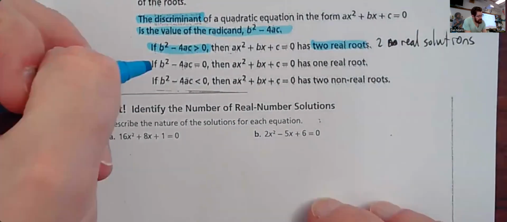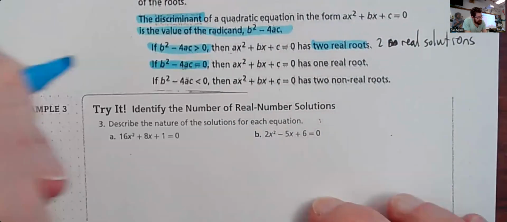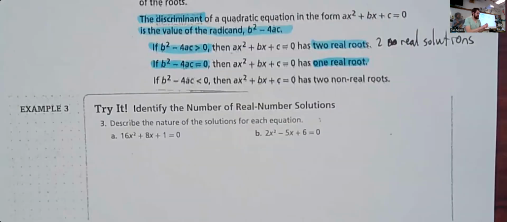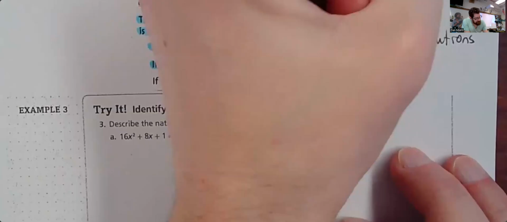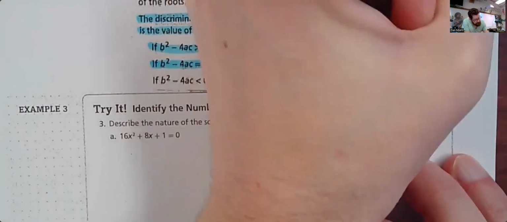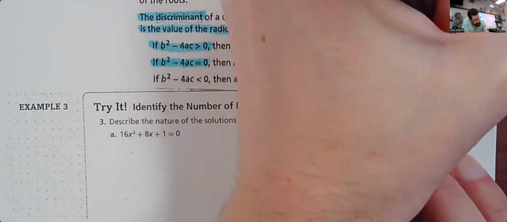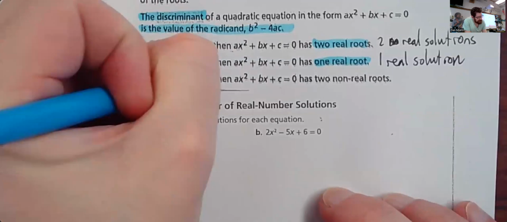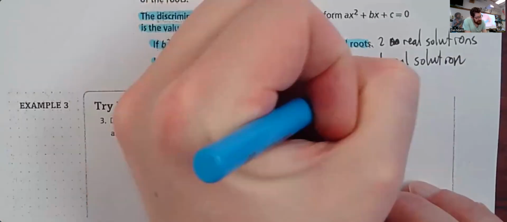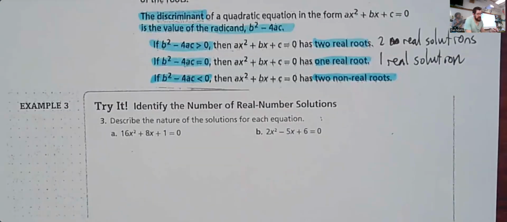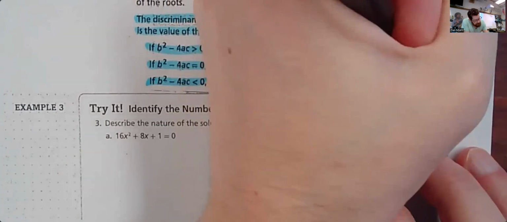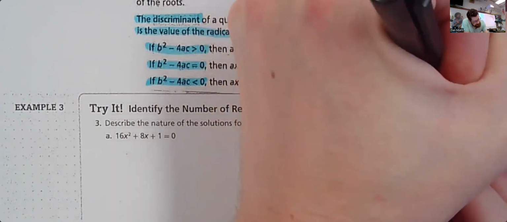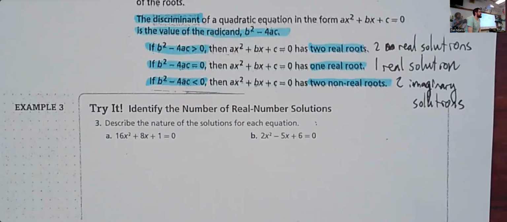If the discriminant is equal to 0, one real solution. If the discriminant is negative, two non-real roots, which means two imaginary solutions. That's what we're dealing with.